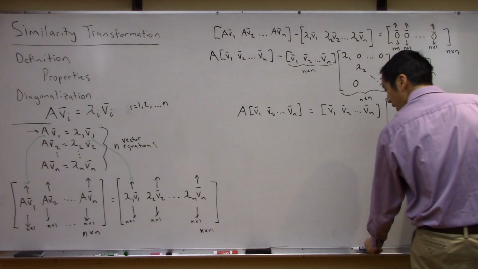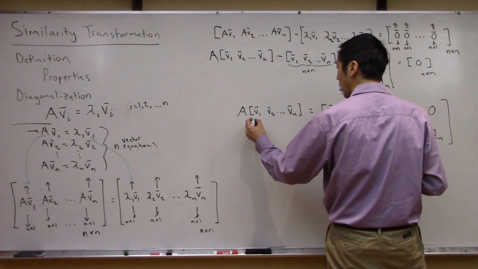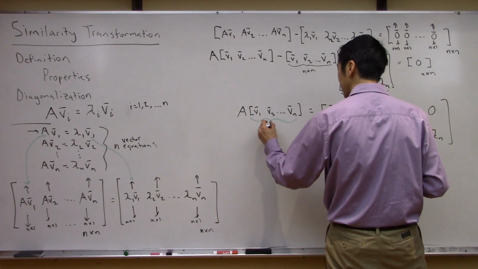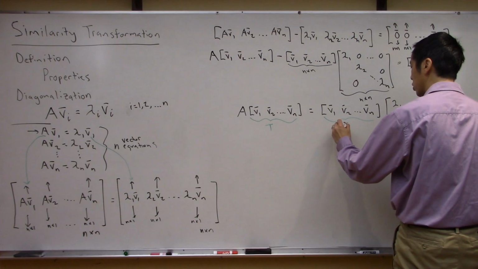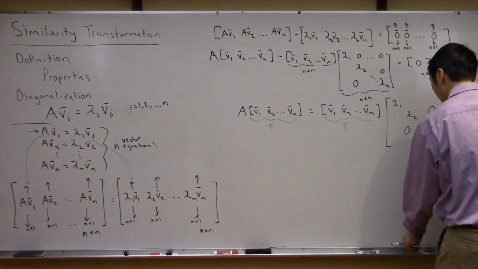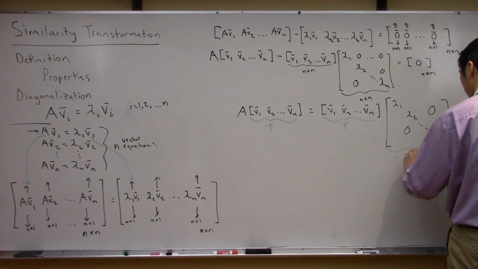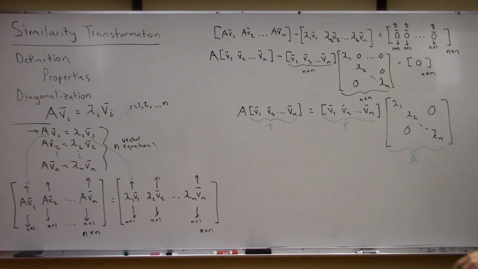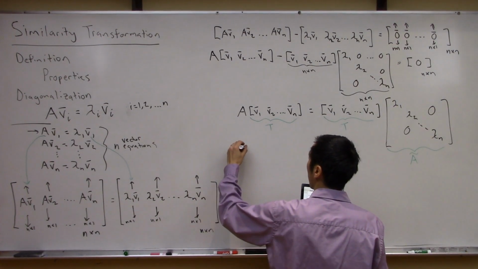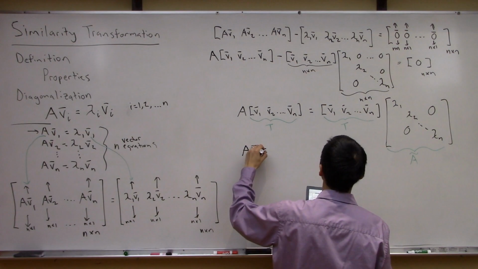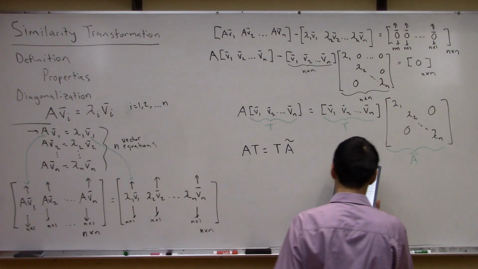Now, this is fascinating because if you stare at this, why don't I call this matrix here T? This is my similarity transformation matrix, because it shows up on both sides, okay? And let's call this thing here A tilde, right? So if you look at this, we can now write this as A T is equal to T A tilde, right?